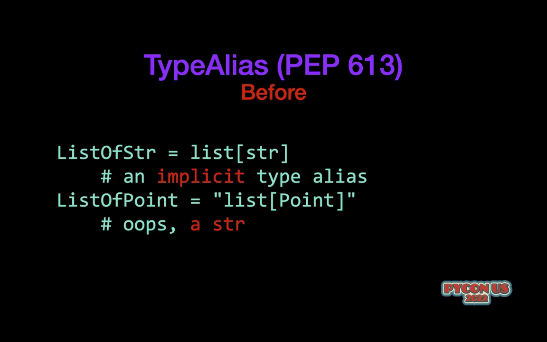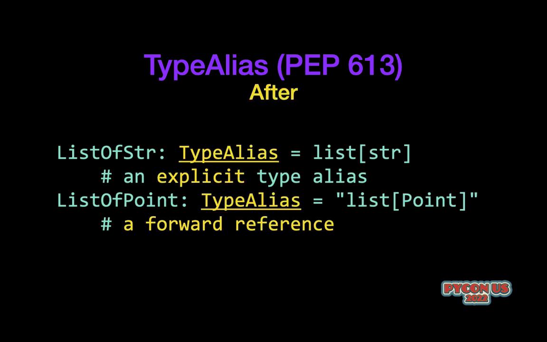However, there are cases where you want to be explicit that that's actually what you're doing, and at the moment, if you do something very similar, which is you assign a stringified type expression to a variable, a type checker will not be able to figure out that you actually wanted to make a type alias there. So now with TypeAlias, you can make the otherwise implicit aliases explicit, and you can now use forward references for stringified references, which is useful.